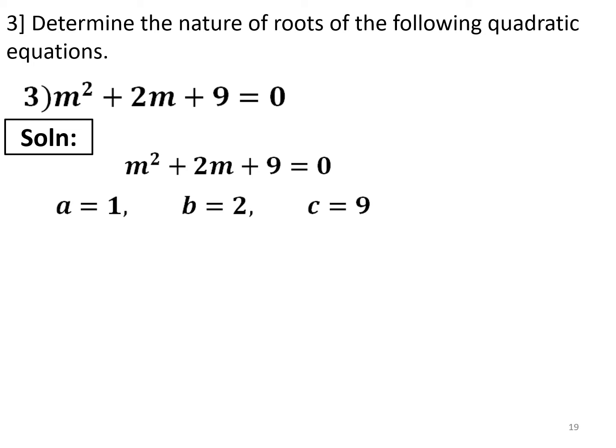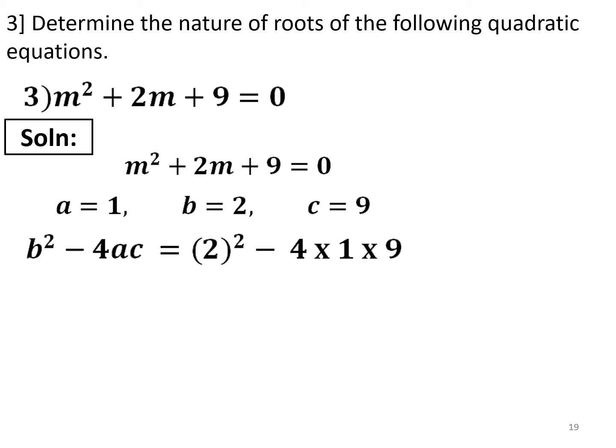On comparing with the general equation, the values for a, b and c are a is equal to 1, b is equal to 2 and c is equal to 9. To determine the nature of the root, we have to use the formula b square minus 4ac. So we get 2 the whole square minus 4 into 1 into 9.